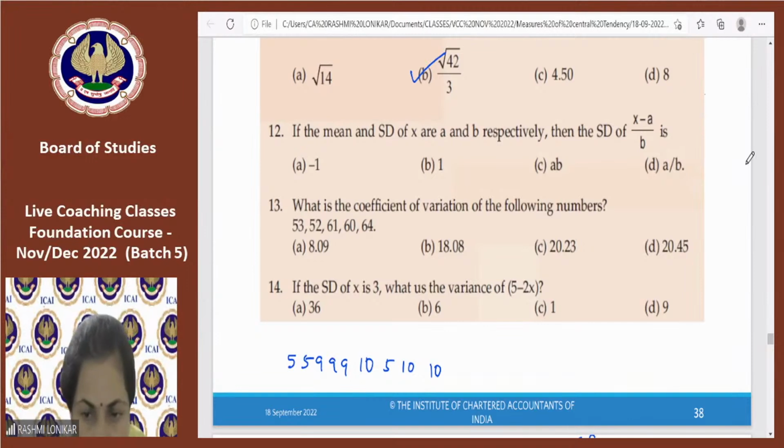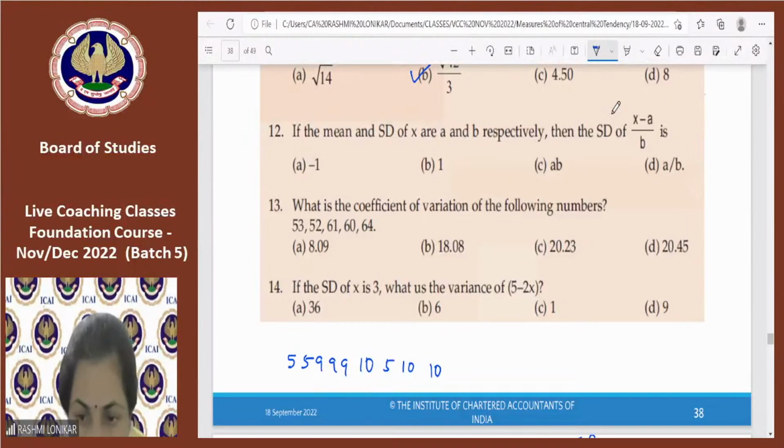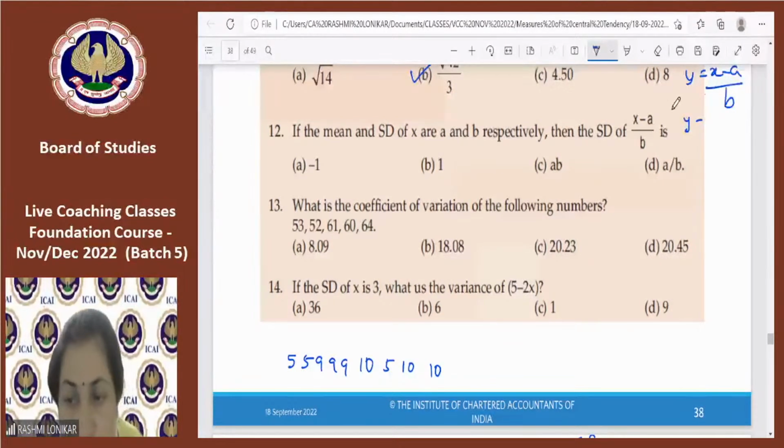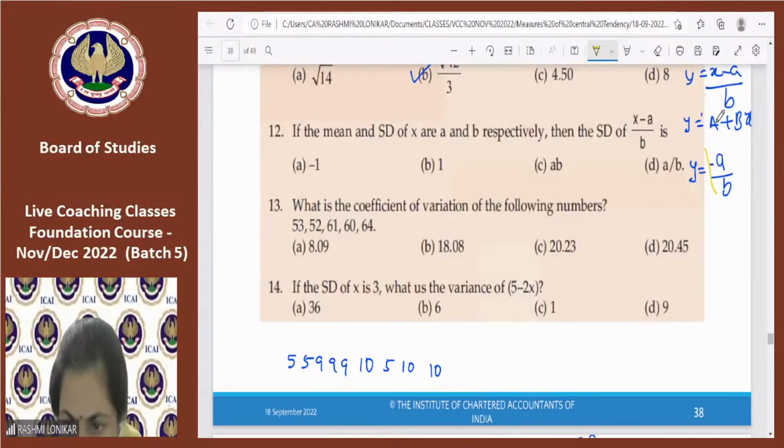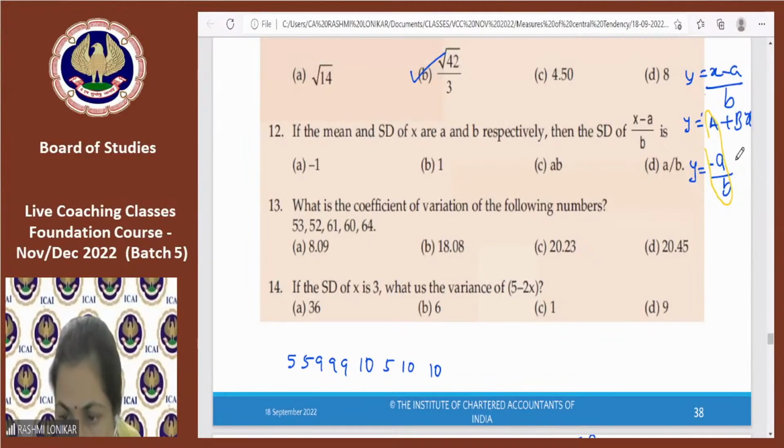So now let us see. They have asked you to find the standard deviation of x minus a upon b. So y is equal to x minus a upon b. Here I have to arrange it in the form a plus bx. So y is equal to minus a upon b plus, what is b?